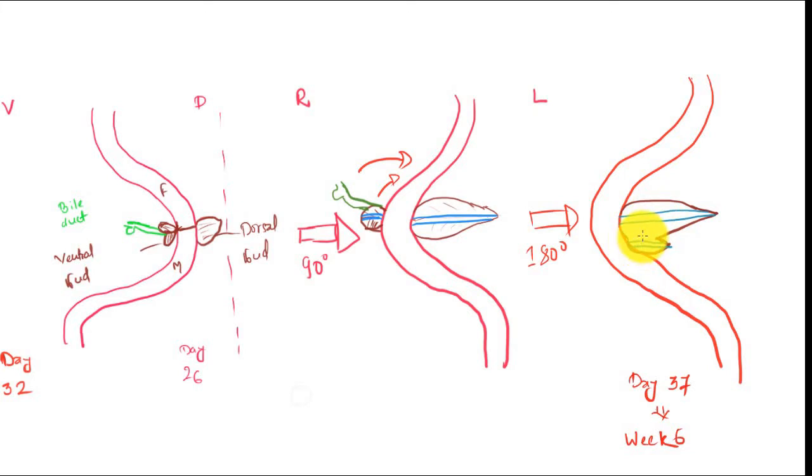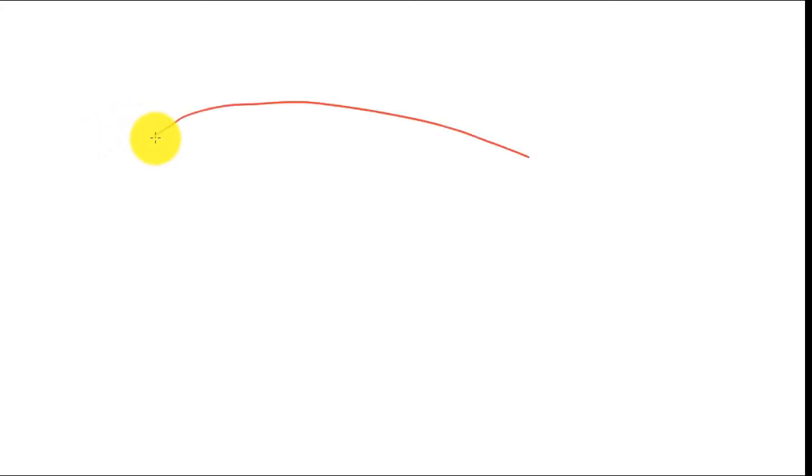So they communicate with each other on week 6, and this duct is known as the main pancreatic duct. The major pancreatic duct, the duct of Wirsung, is from the ventral duct and the distal part of the dorsal duct, and another one is the minor duct of Santorini.